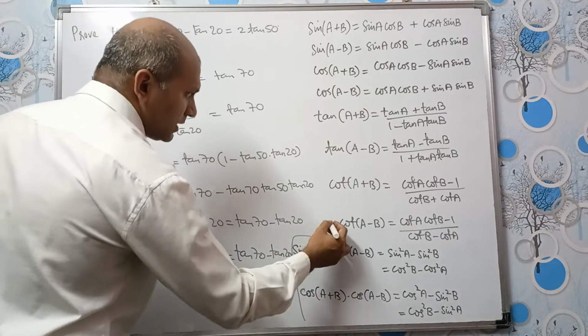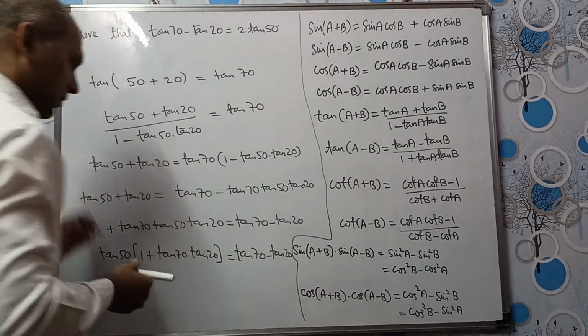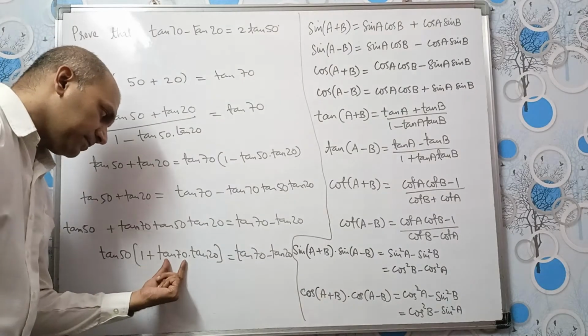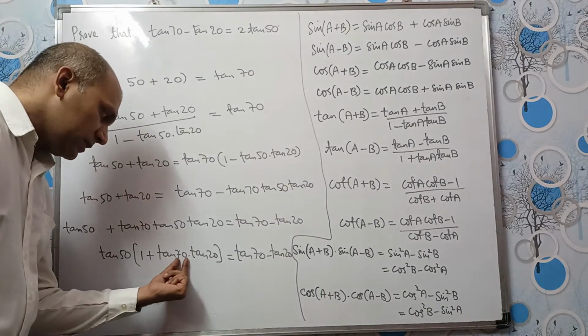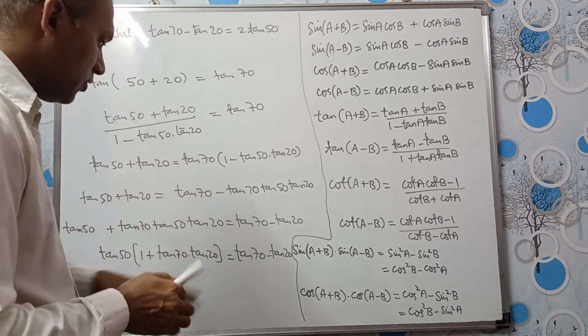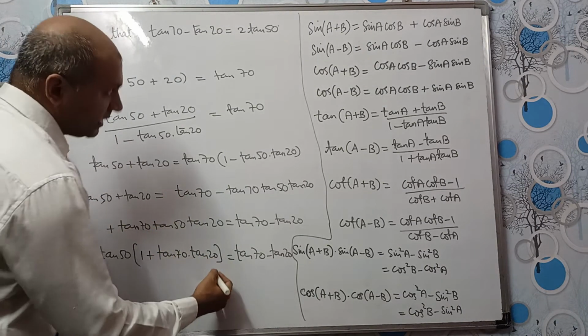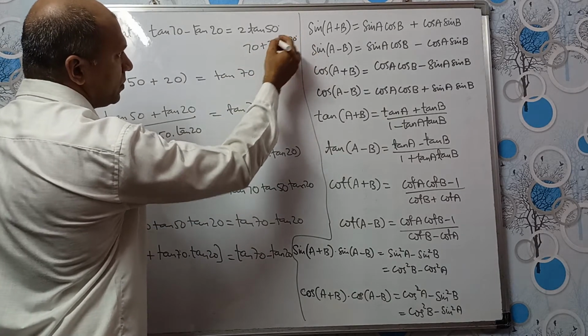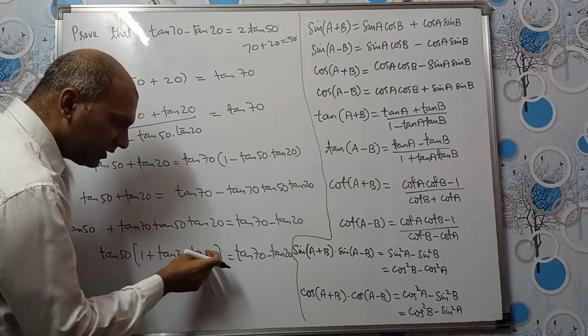We'll use these formulas afterwards. Now see, 70 and 20 are complementary angles. We have studied this in the 10th standard. 70 plus 20 is 90 degrees. So we can either change 70 degrees or 20 degrees.